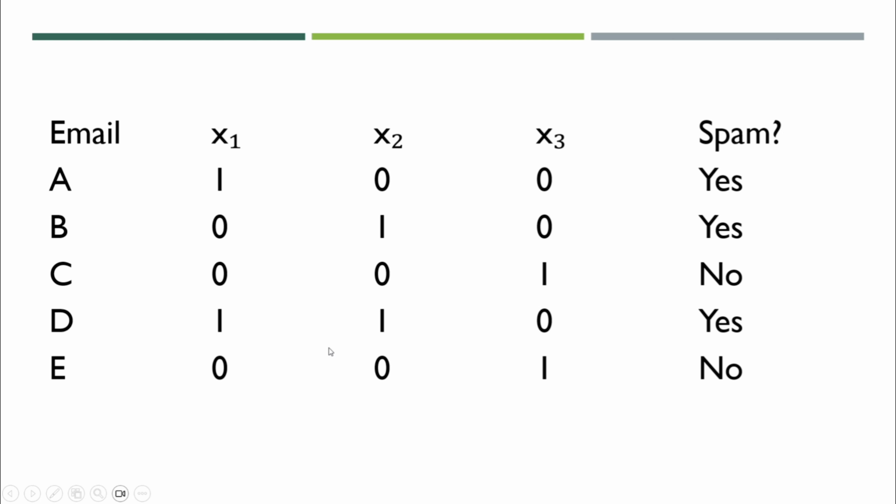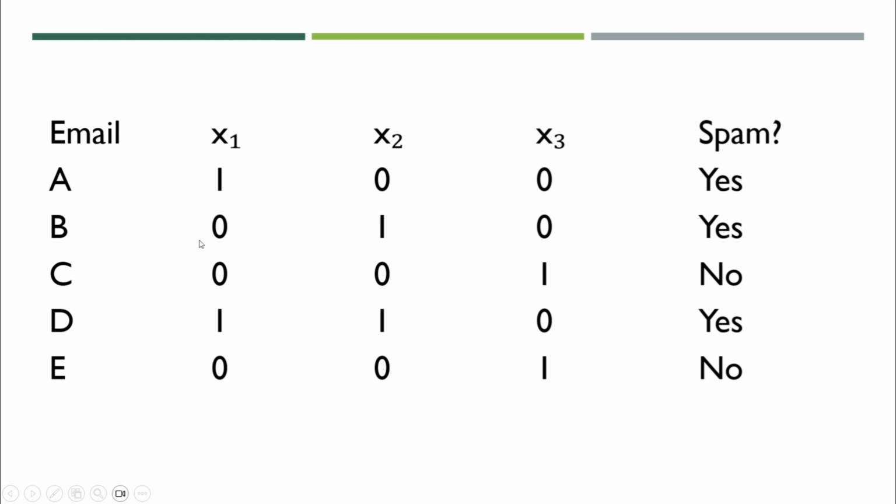So here is our dataset containing the features of the emails. x1 is "buy now", x2 is "discount", and x3 is "hello", while the label is spam or not. Here in email A, x1 is 1, while x2 is 0, x3 is 0. It is spam.